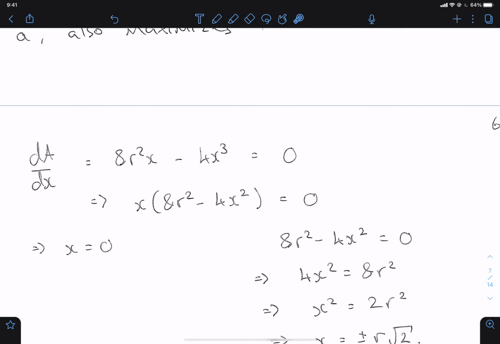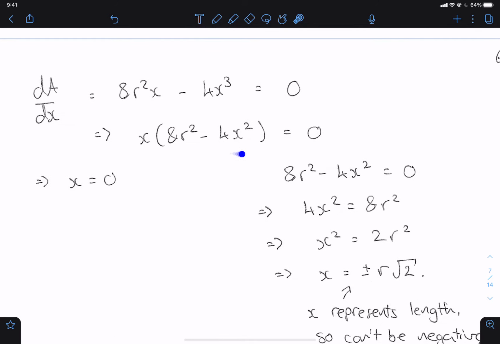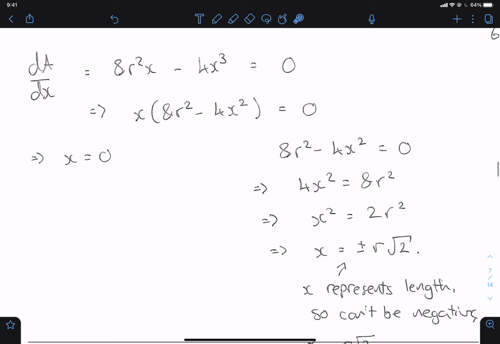Factor out this x, and then we have this bracket 8r squared minus 4x squared equal to 0. And product equal to 0 is equivalent to either of the factors equal to 0. So we either have x equal to 0 or this equal to 0. This equal to 0 gives us that 4x squared is equal to 8r squared, and then we have both sides divided by 4, right? This 4 is gone, and this becomes 2.